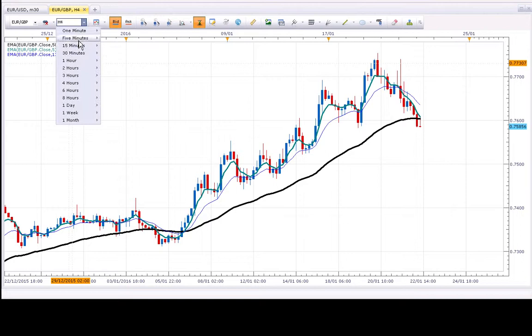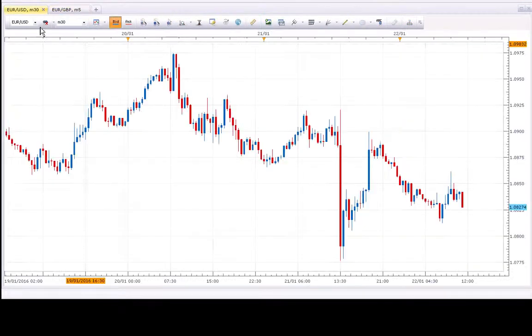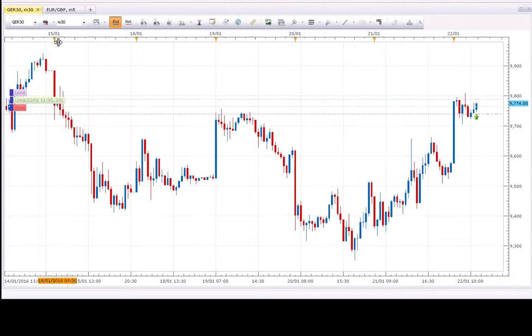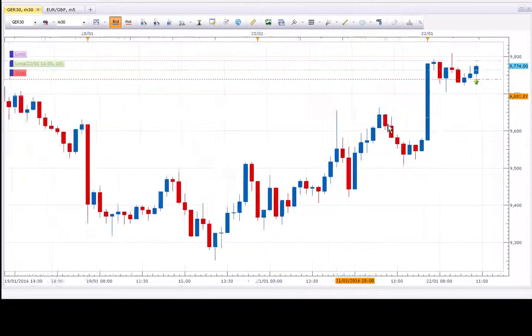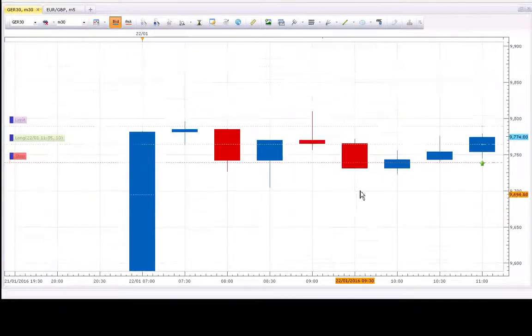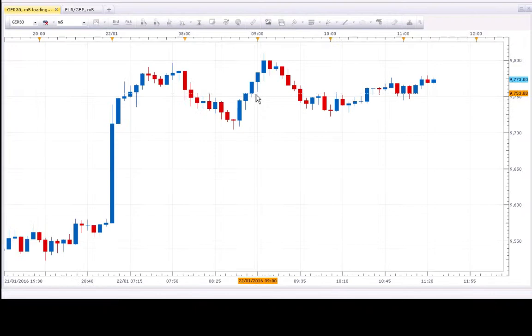Okay, so let's go and take a look at a slightly shorter chart, and just while I'm thinking about it, go and check in on this trade we had open and just leave that there for now. Maybe zoom in a bit more, get a bit more data.